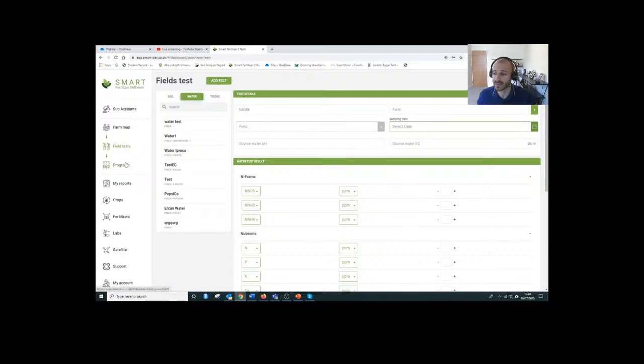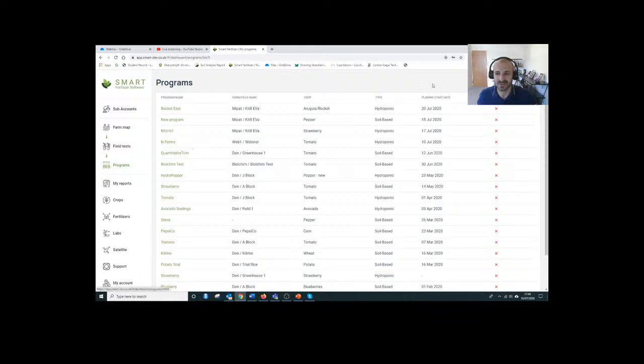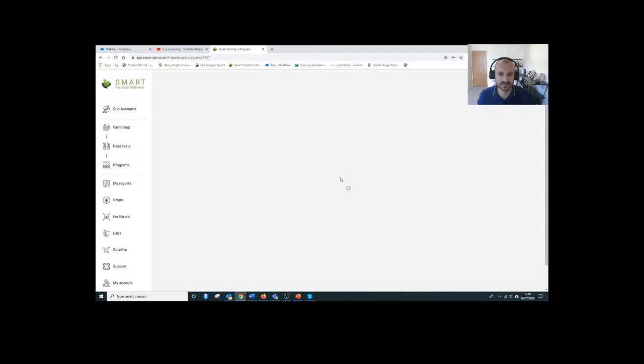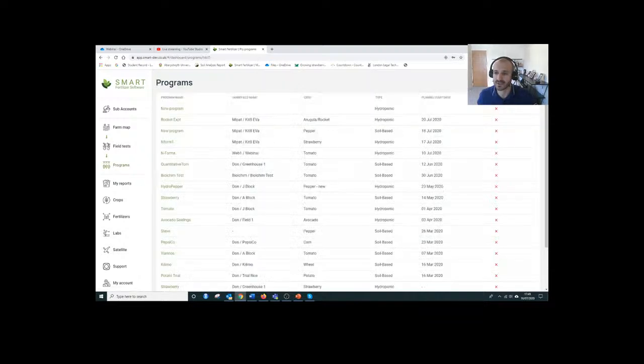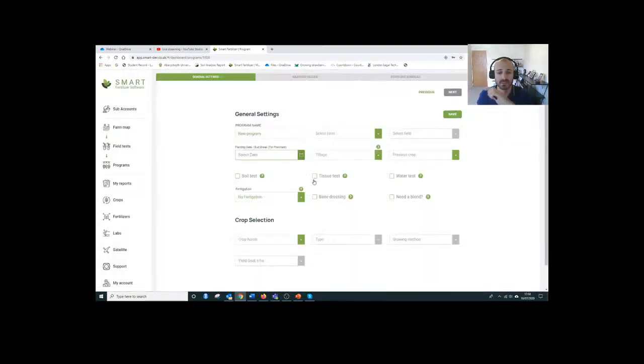So let's create a fertigation plan with our software. Let's click on hydroponic. Actually, let's click on soil, so I can show you both quantitative and proportional fertigation as well. Here you create the name of your program.